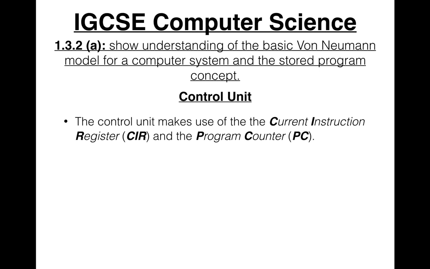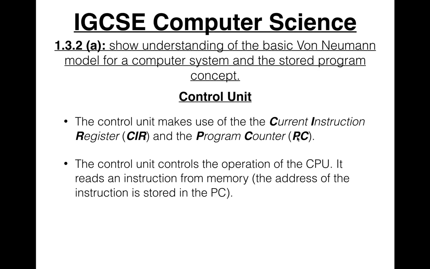The control unit is the last thing we have to look at in this video. The control unit makes use of the CIR and the PC. We looked at the MAR and MDR in quite a bit of detail, but we're actually going to look at the CIR and PC in the next video when we look at the fetch execute cycle.